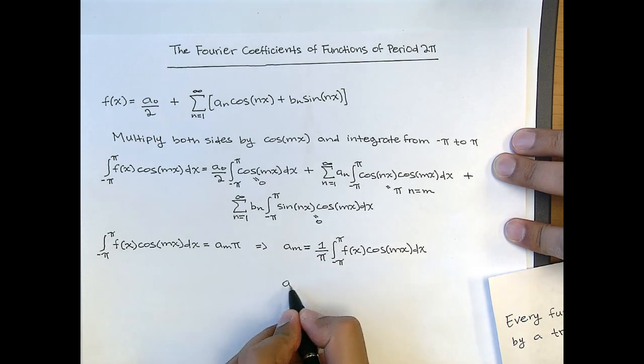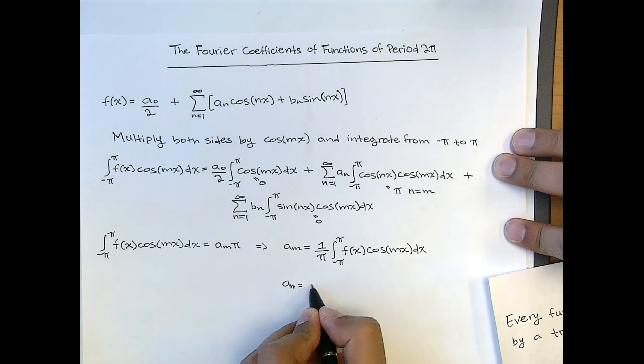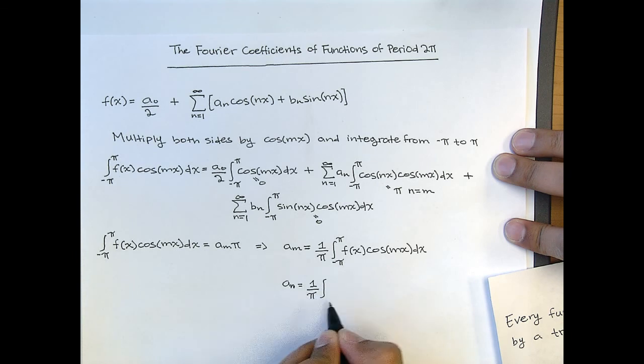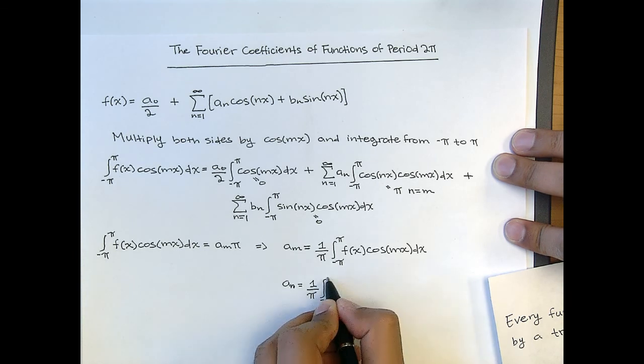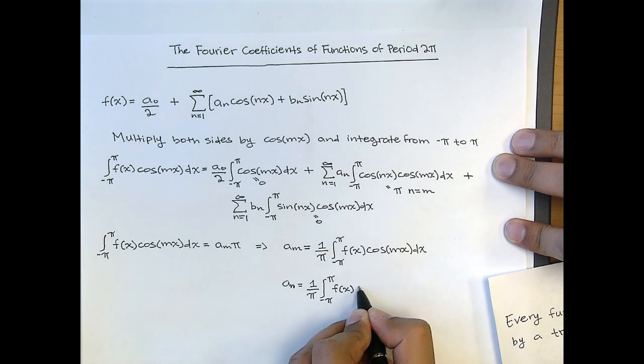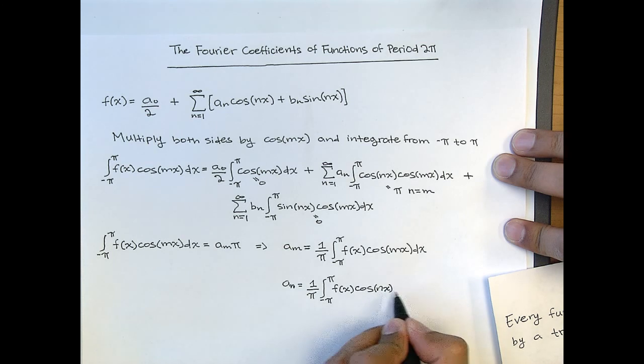This is equal to 1 over pi times the integral from negative pi to pi of f of x cosine of, this time, nx dx. Okay, so that is my coefficient a sub n.